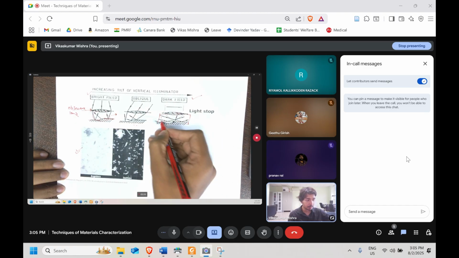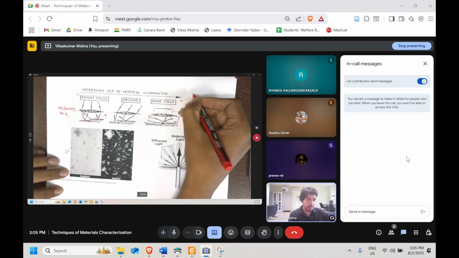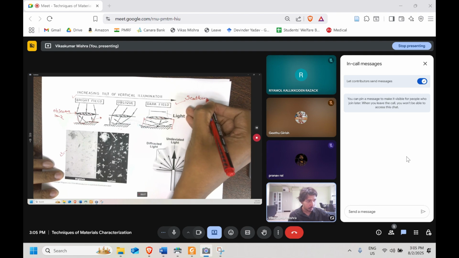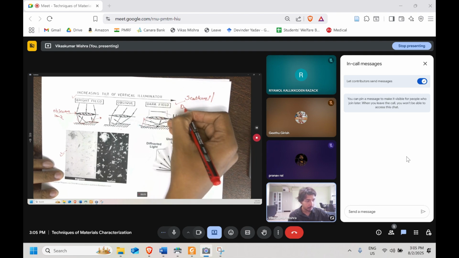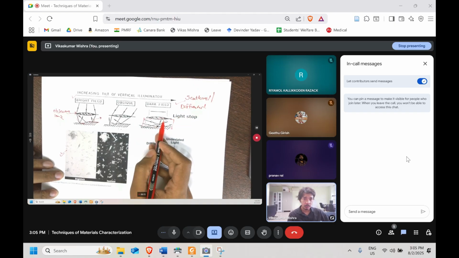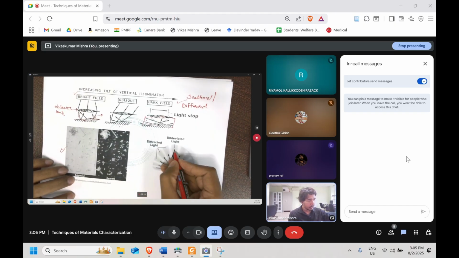Now we are allowing only the scattered, or one can say diffracted, light to pass through the optical system. So see, this is your direct light. This is what you see in the optical microscope.